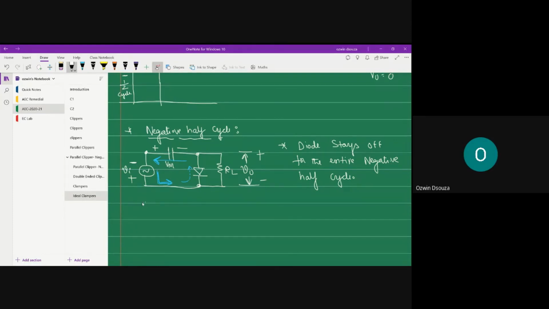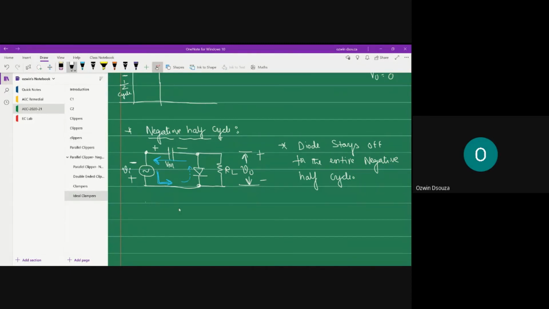So you can trust my word, for the output cycle your diode stays off, either in the positive half cycle or the negative half cycle, and this is true for positive clamper as well as negative clamper. This observation will greatly help you in quickly solving clamper problems. Always open circuit the diode during the output cycle.